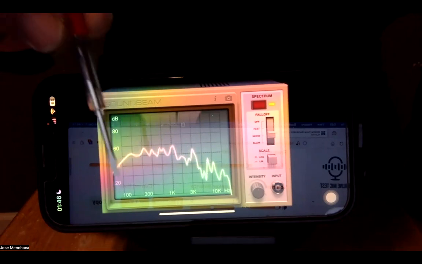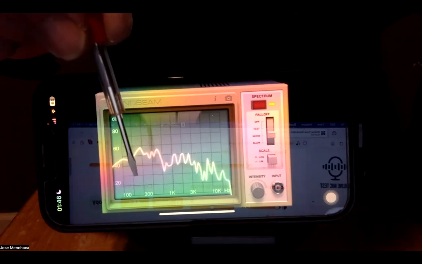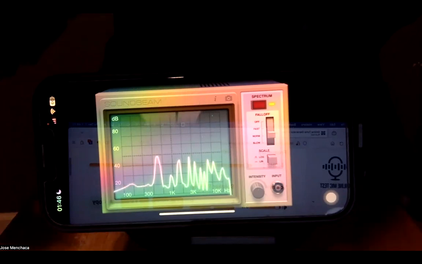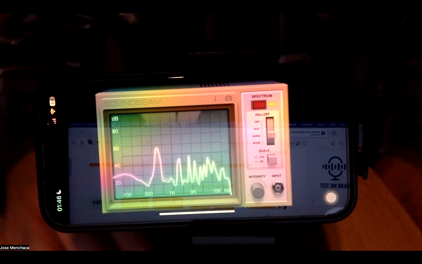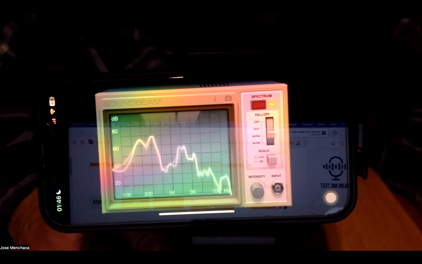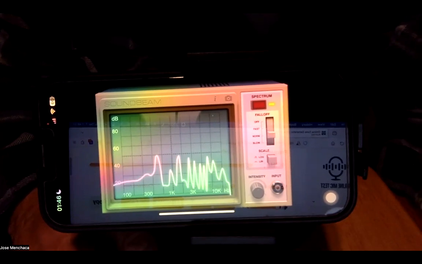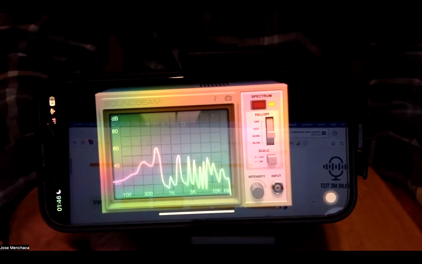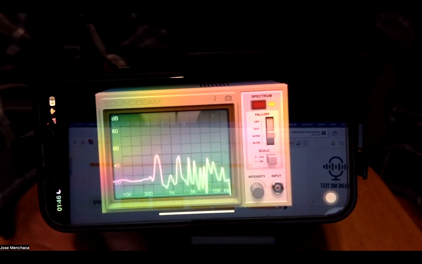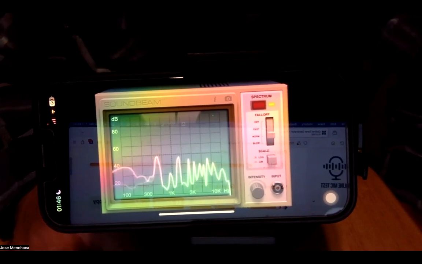I can't talk while I'm pointing to them, but you'll see the harmonics. And now they disappear. Kind of sounds like a clarinet. Now let's go to a sawtooth.